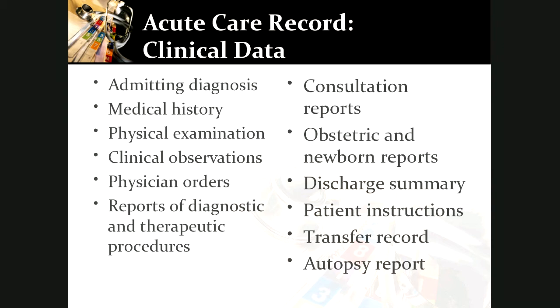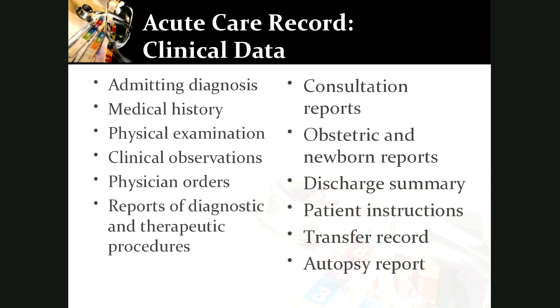But after study, meaning further testing and examination and all of that type of thing, the principal diagnosis, the discharge diagnosis, was a form of cancer. Okay, so you see how different the admitting diagnosis is from the principal or discharge diagnosis.